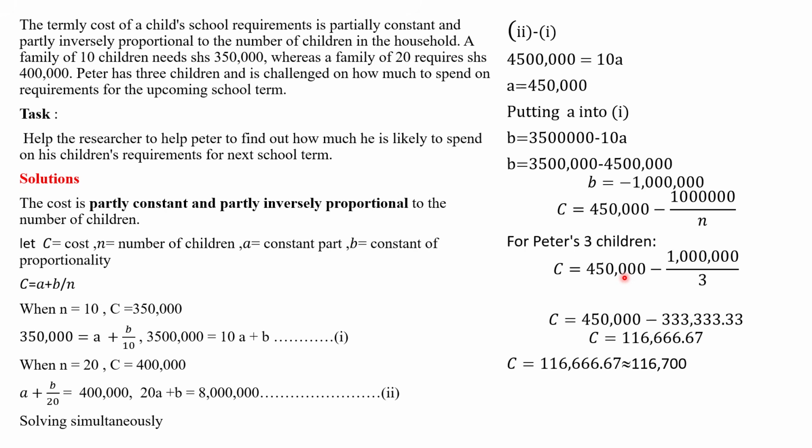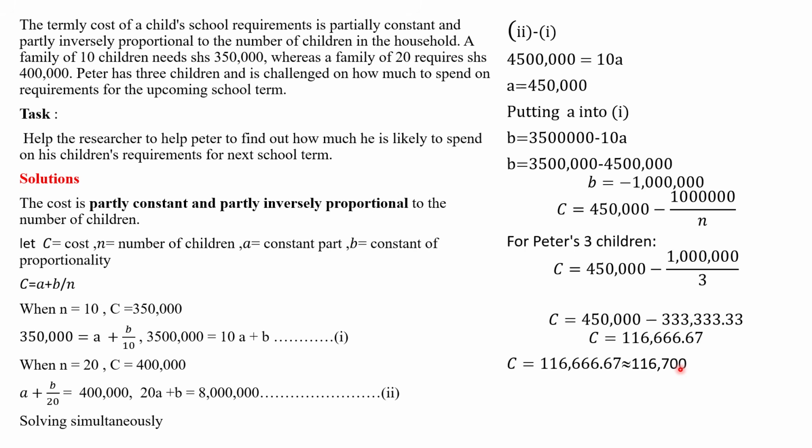That's why you see me having minus 1 million divided by 3 children. So we get the cost as 116,666.67.